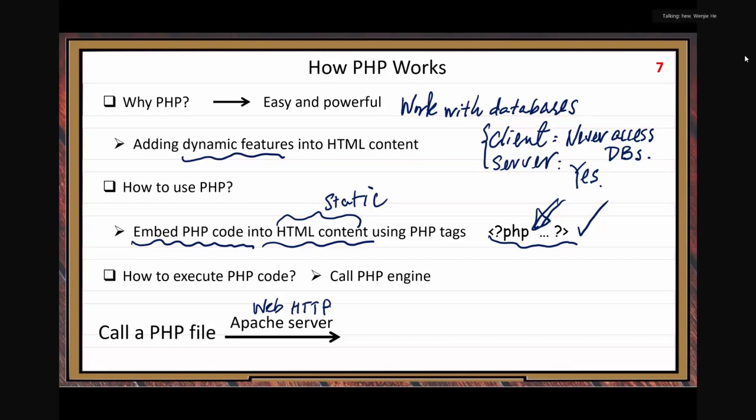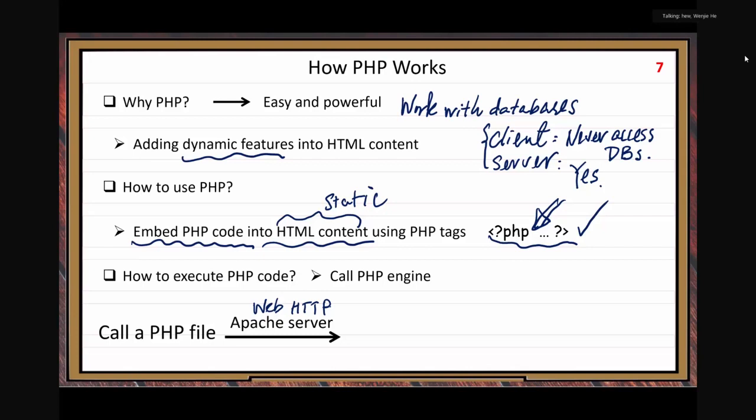So after the Apache HTTP server receives the URL sent from the client side, it needs to do processing. How does it do processing?